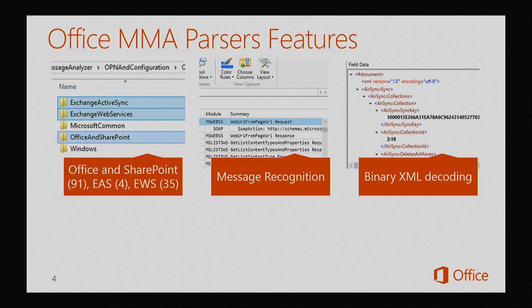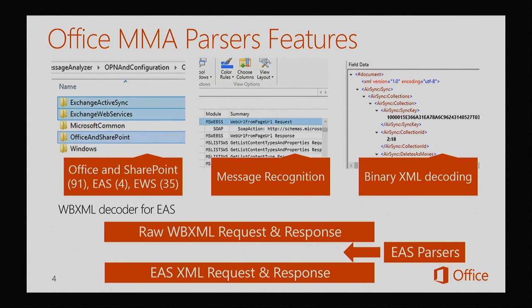So our parsers can help you decode the raw binary XML into plain XML requests and responses, which you can understand very easily. You will see this in the demo later.